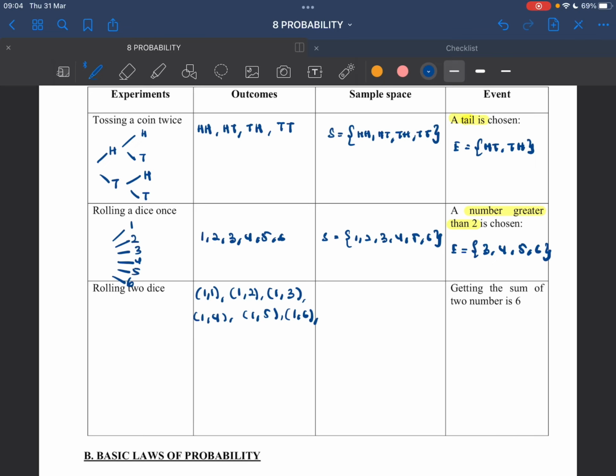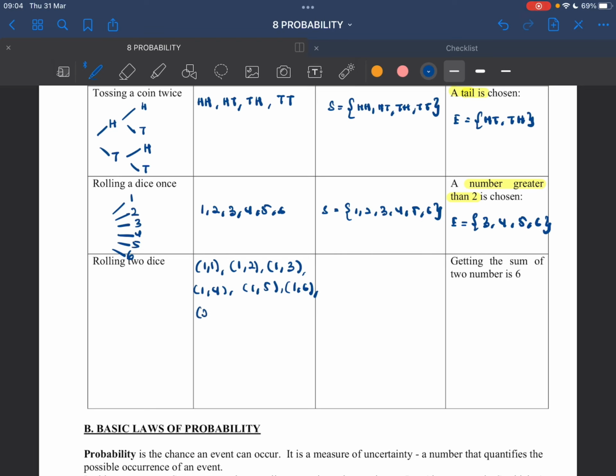And then we have 2 on the first roll: 2 1, 2 2, 2 3, 2 4, 2 5, 2 6, and so on, until you get 6 on the first roll and 6 on the second roll. Your sample space, you can just write it by yourself.